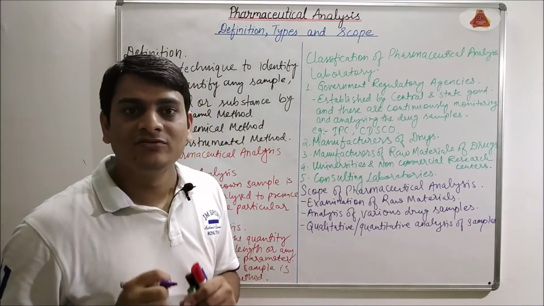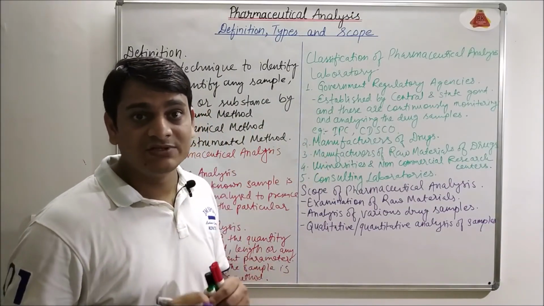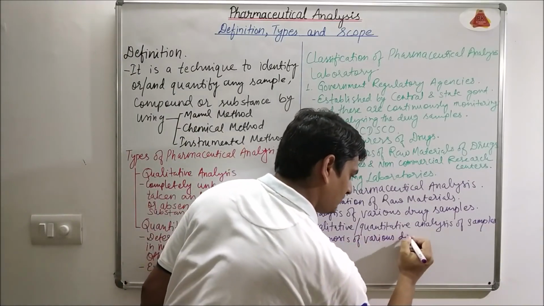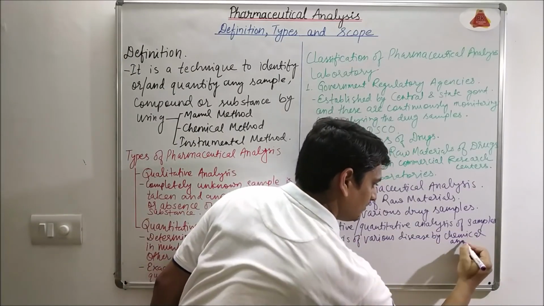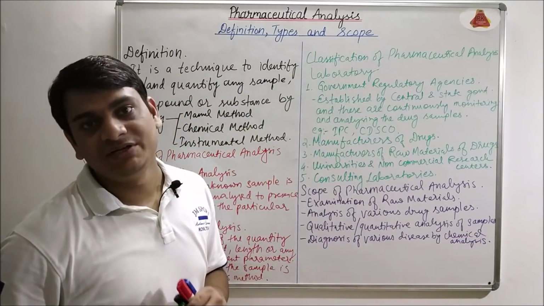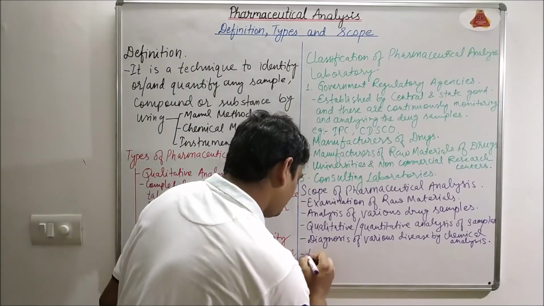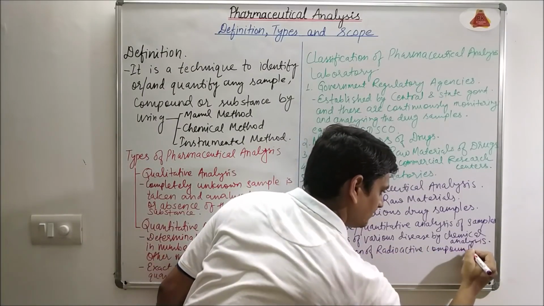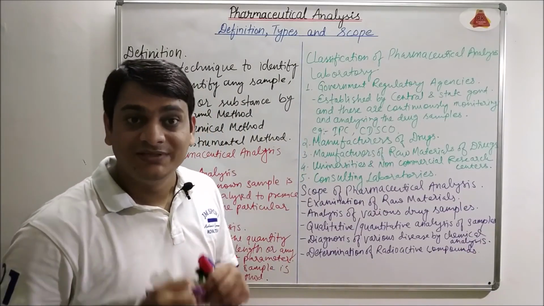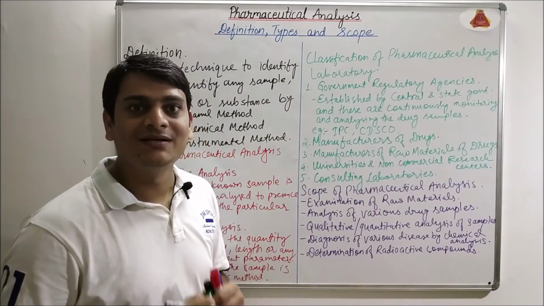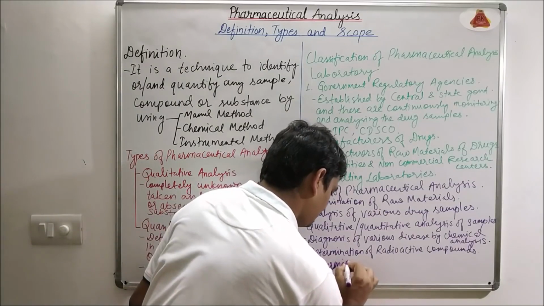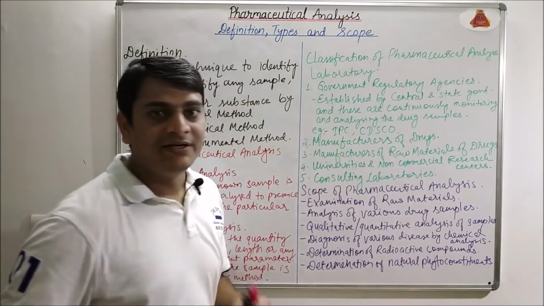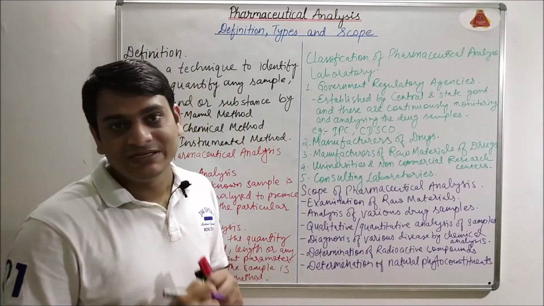It is used for diagnosis of various diseases by using chemical methods. It is used for determination of radioactive compounds. It is used for determination of naturally occurring phytochemical compounds. It is used for determination of different samples of water.